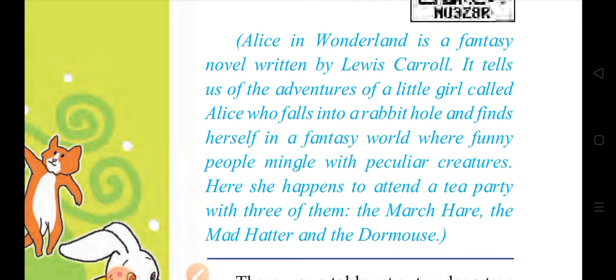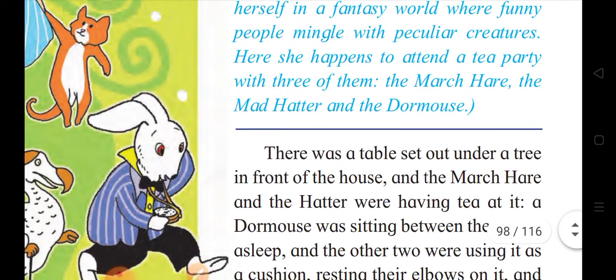The Dormouse is a small mouse which looks like a squirrel, with a hairy and bushy tail, and it is mostly found in Africa and Eurasia. So remember, a small mouse which looks like a squirrel with a hairy and bushy tail, found in Africa and Eurasia. These three creatures were holding a tea party, and Alice happens to attend this tea party.